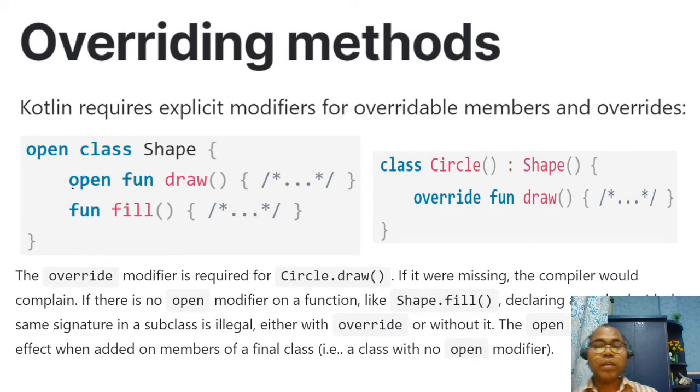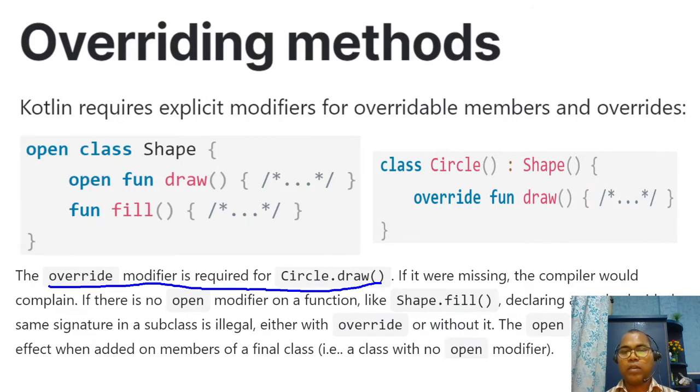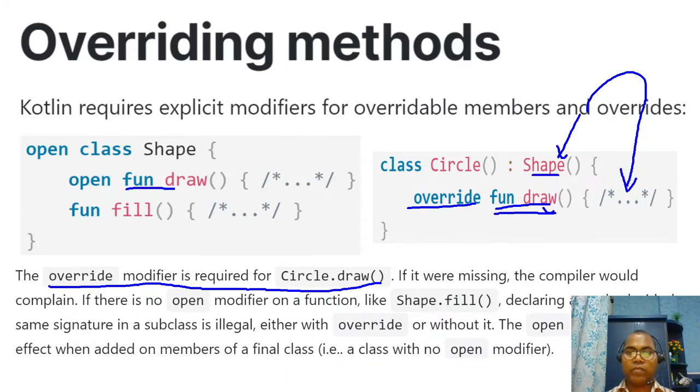Similarly, here is an example. The override modifier is required in the circle class. Here the override keyword says that this draw function is already defined in the superclass, the shape class, so I am redefining this function, and it has the same signature of the draw function.